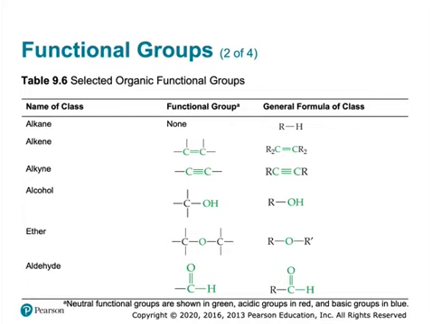Alcohol has the OH group on it. And notice that we have this R. The R means hydrocarbon, just to make it easier to write that. And so the R single bonded to OH, the OH is the alcohol group.